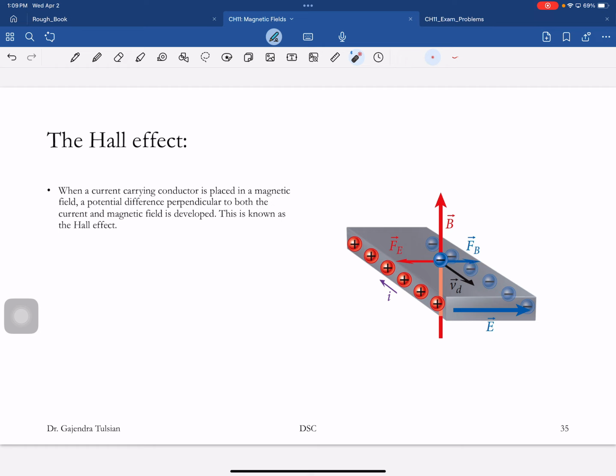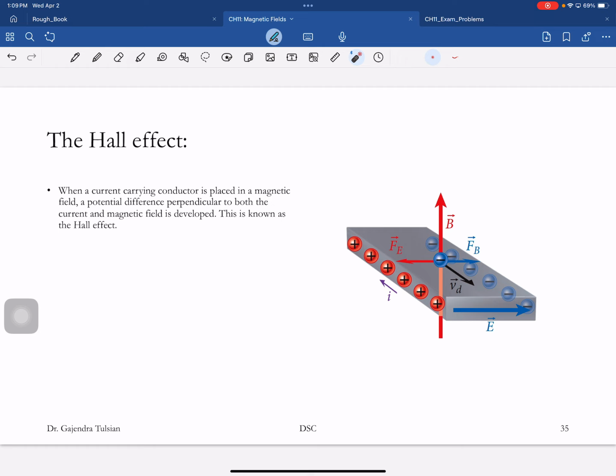Once you have enough electrons collected, they will repel any more electrons coming there. Once that balance happens, you have a voltage develop in a direction perpendicular to the direction of the current. This is called the Hall voltage.